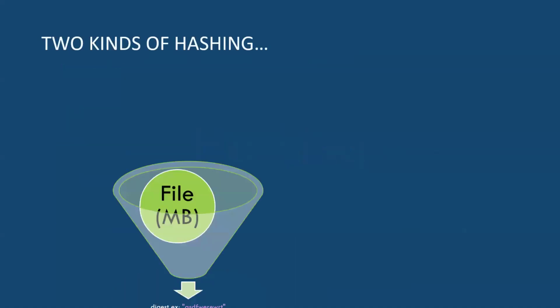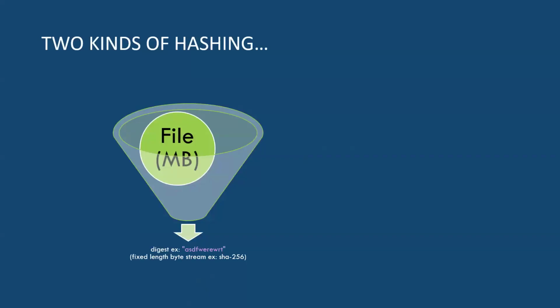Okay. So on a large scale, one kind of hashing is turning a large amount of data, think of Bitcoin mining, right? A schedule of transactions in Bitcoin that you want to crunch down into maybe a 256-bit digest.